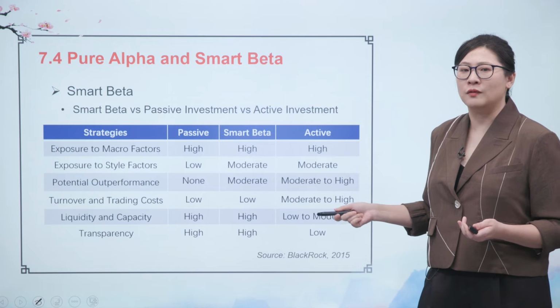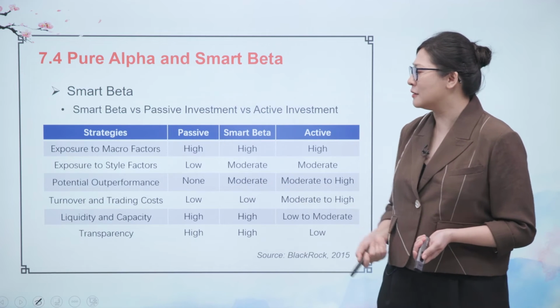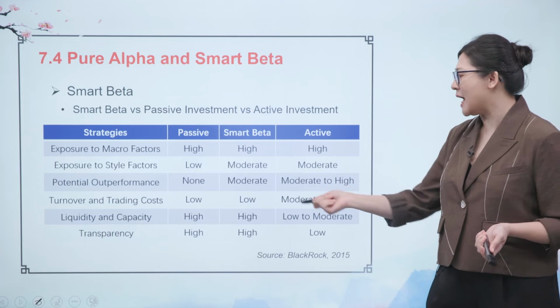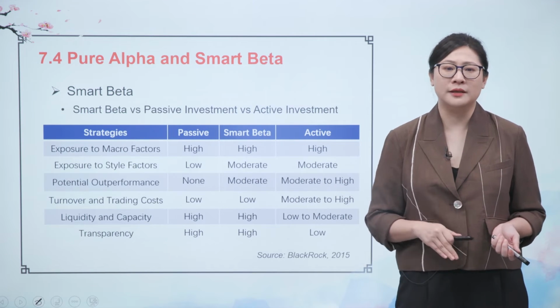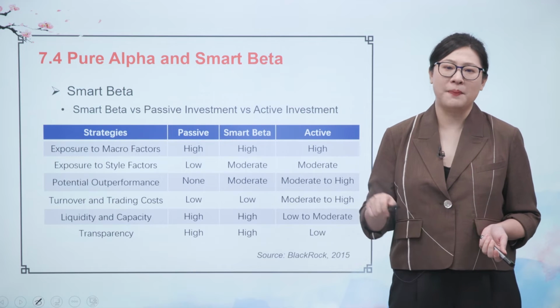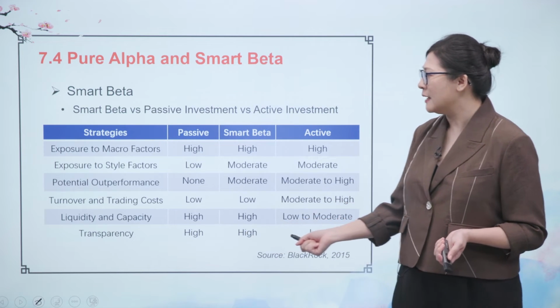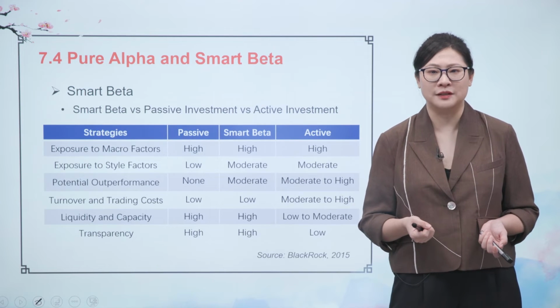For active investment, it's moderate to high. For liquidity and capacity, passive is high, smart beta is high, and active is low to moderate. The last one is transparency. Passive and smart beta are high transparency, and active is low transparency.